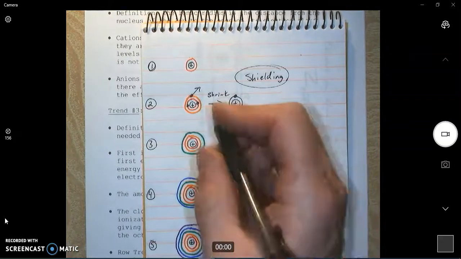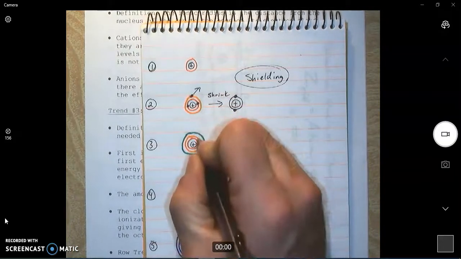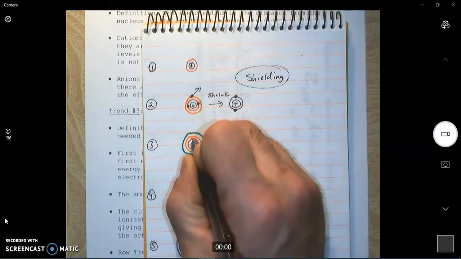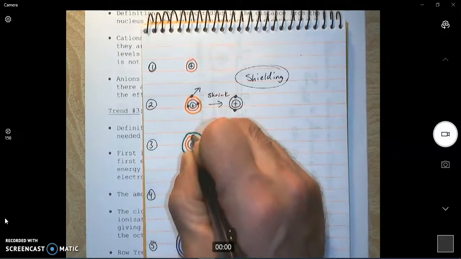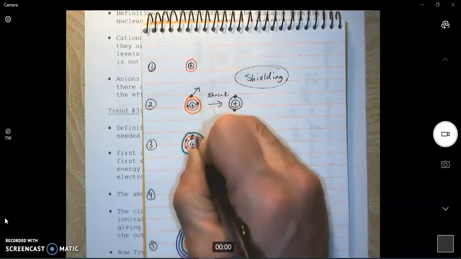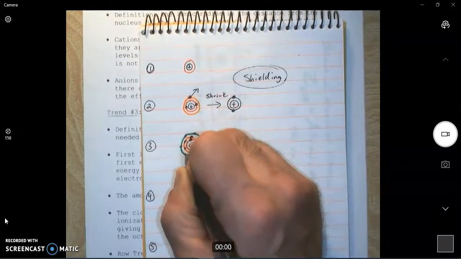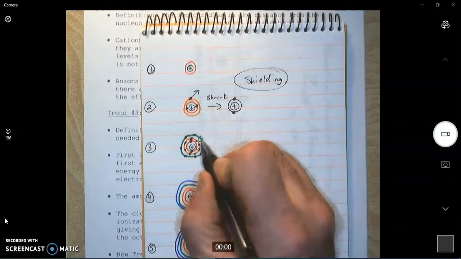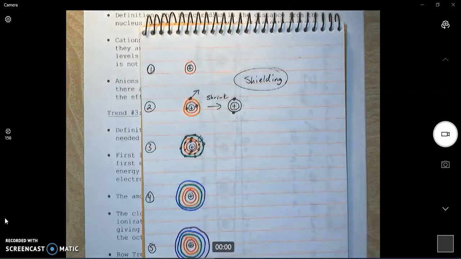If we have an element that, let's say, is a group 17 element, we need one more electron for that thing to be looking just like argon.